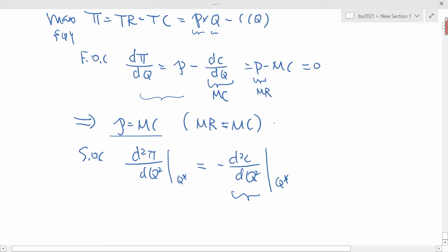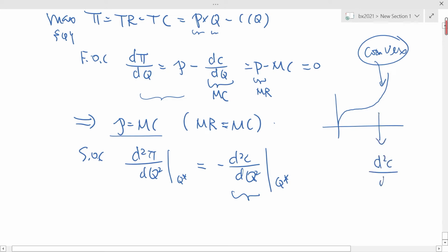Okay, and generally we are going to assume that this cost function is what we call convex, and that means the second derivative is positive, which is due to the law of diminishing returns.